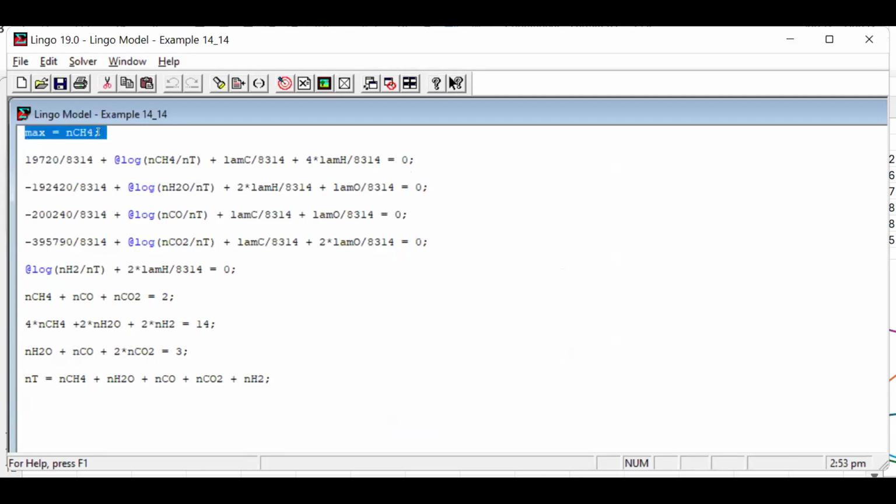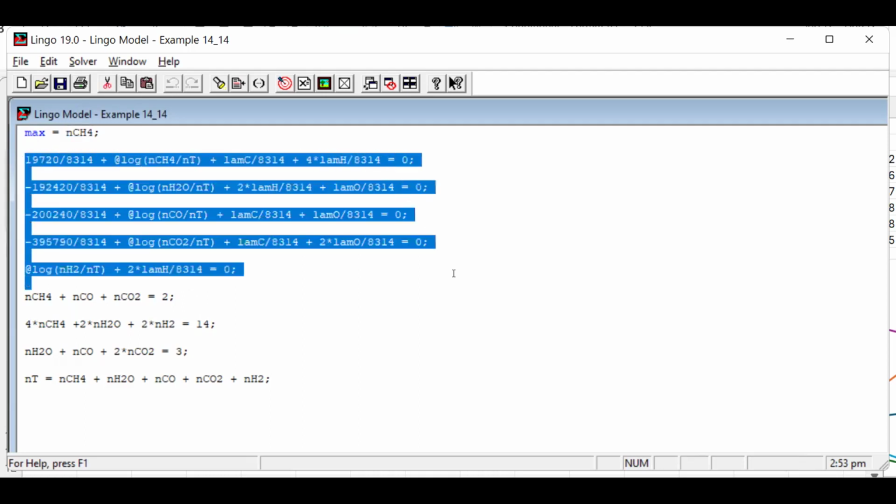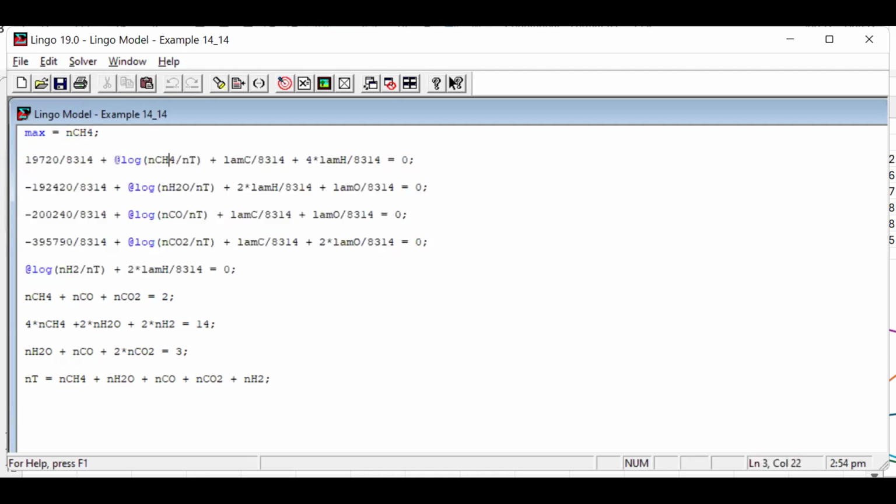So what I did was to arbitrarily set the objective function as maximize the number of moles of methane, but this can be changed, depends on you. By the way, Lingo is an optimization solver, but for our purposes, we are just using the solver part. And then I inputted all of the equations. In Lingo, the syntax for natural log is @log.